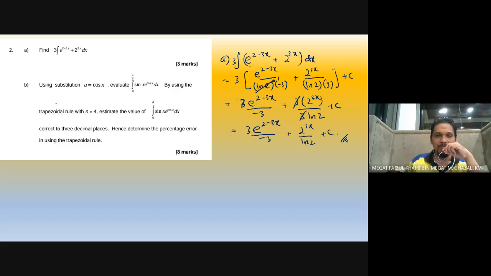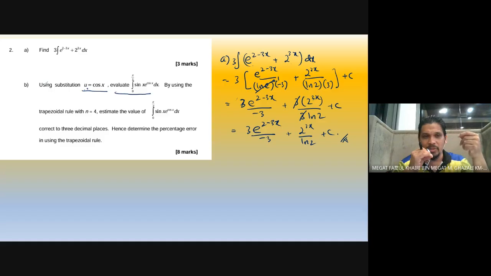For question B, using substitution, evaluate this, and then by using the trapezoidal rule. Meaning that in these questions, you need to show the solution in two different methods.